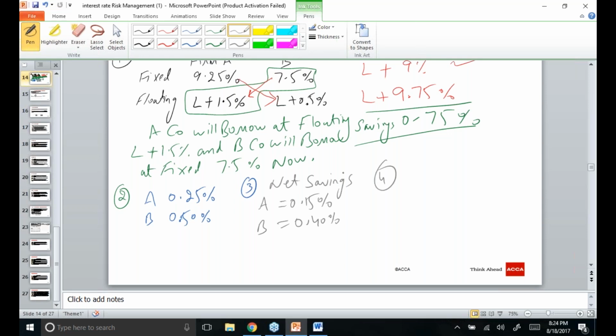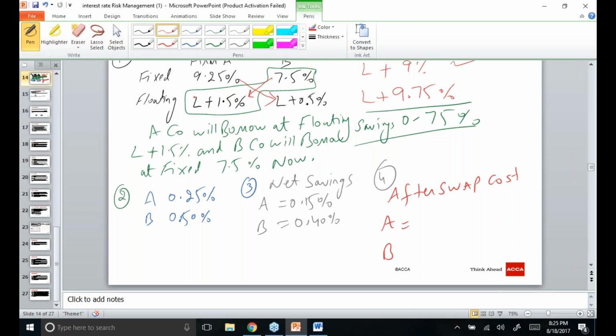Fourth step can be the final step, in which you will calculate the after-swap cost for A and for B. Okay, A has already borrowed at floating rate.